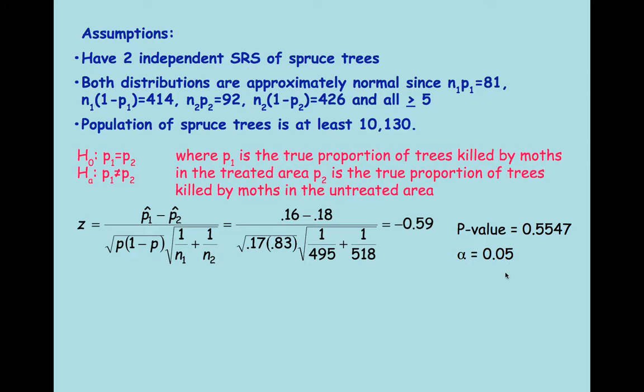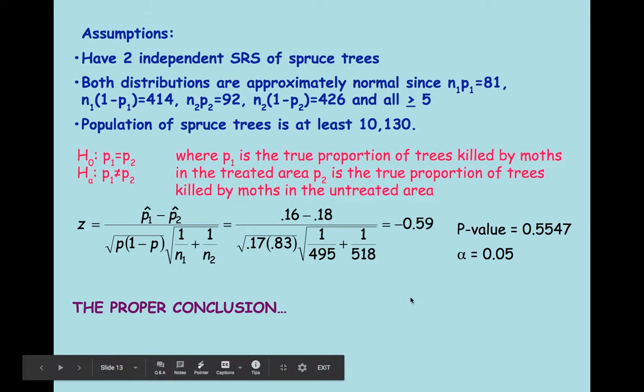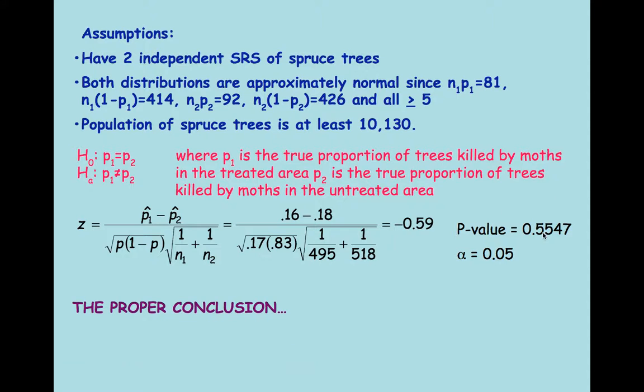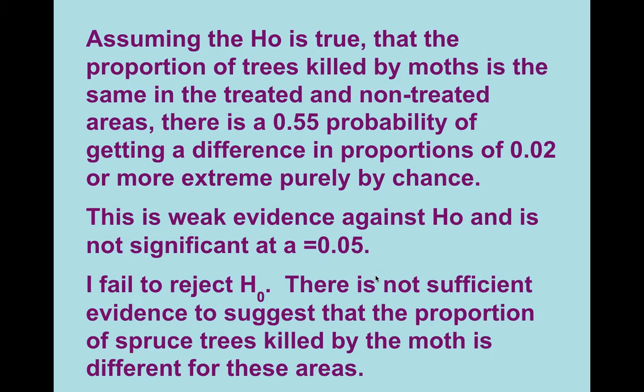And if our alpha level is 0.05, 55% is definitely larger than 5%. Okay, so what does our proper conclusion look like in this case? Well, we certainly don't have enough evidence to reject the null.